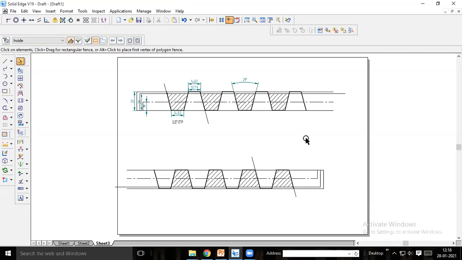You submit the assignment, and if you submit it, I will give 5 marks out of the 10 marks allocated. Today only I will post the assignment. You have to do the manual drawing, then scan and submit these 4 types of thread. I will assign you 5 marks for that. So this will complete types of thread.